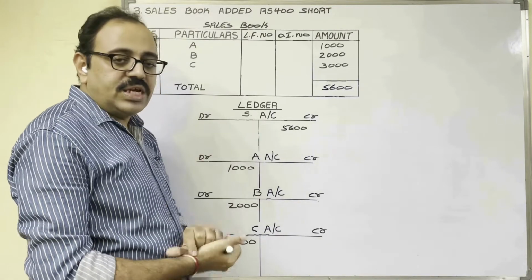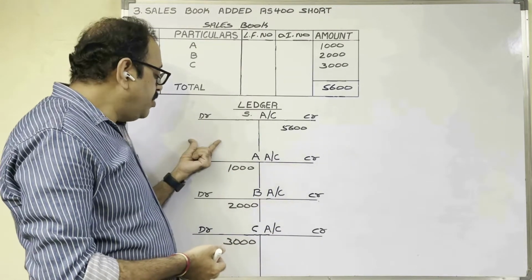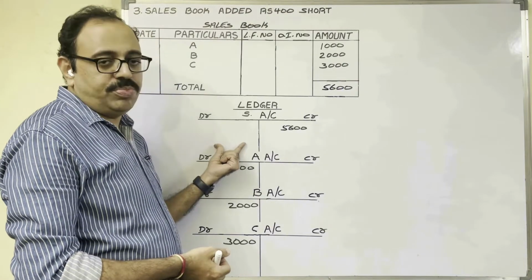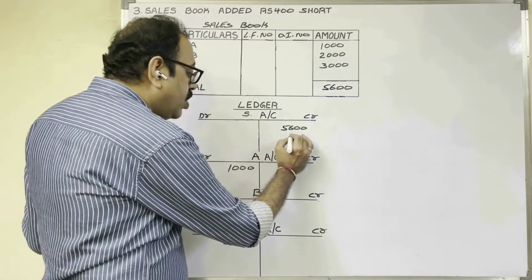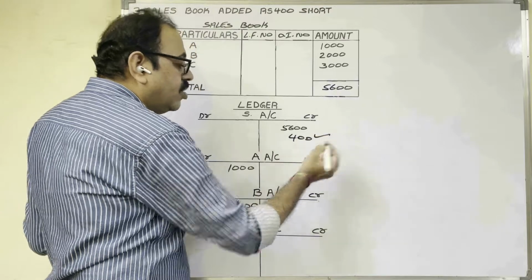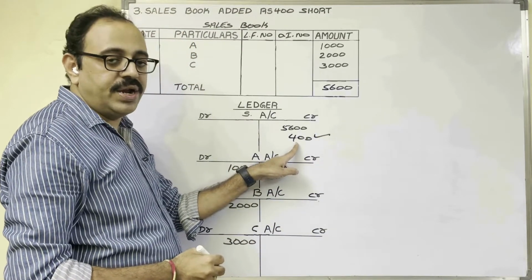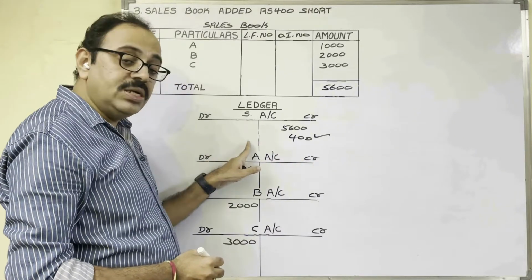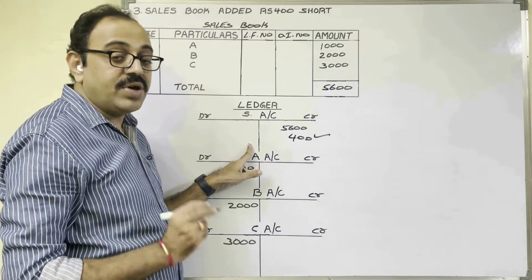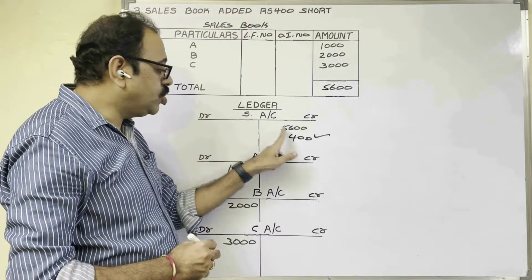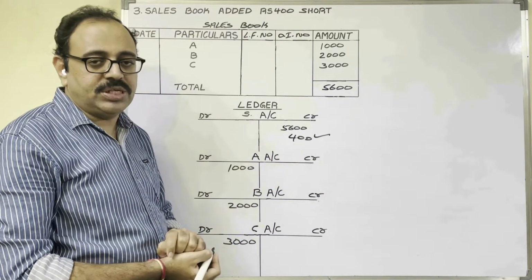Now how to rectify this error? On debit side I need a balance 6,000 rupees. If I credit 400 rupees in sales account, then 5,600 plus 400 balance carried down becomes 6,000 rupees. Our answer is sales account should be credited with 400 rupees.